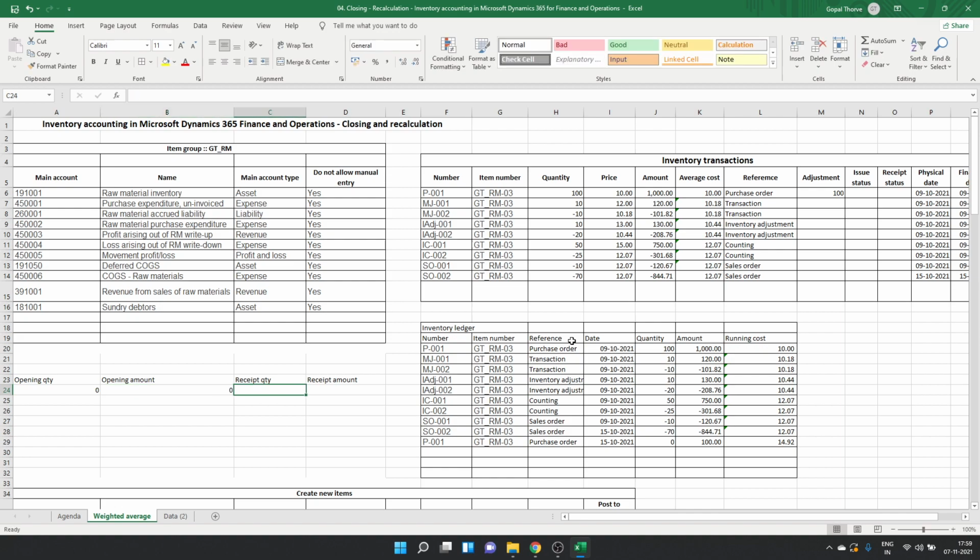Okay, receipt quantity. So we'll sum up all the positive transactions into this.